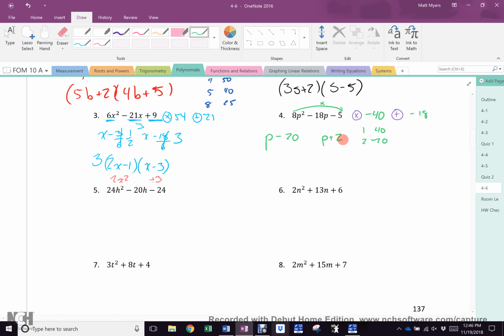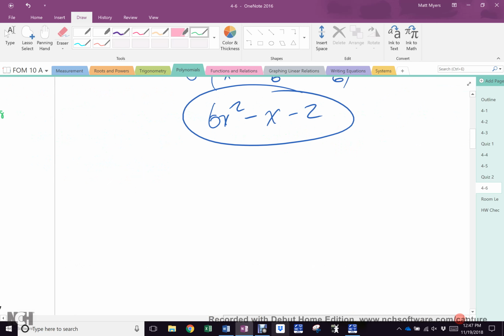Why? Because I multiplied by 8 to find those numbers. So I've got to get rid of that 8 now. Now simplify. 20 over 8 is 5 over 2. 2 over 8 is 1 over 4. And then Mr. Myers was gracious enough to show me how this works over on this other page, and he didn't even make me write it down.